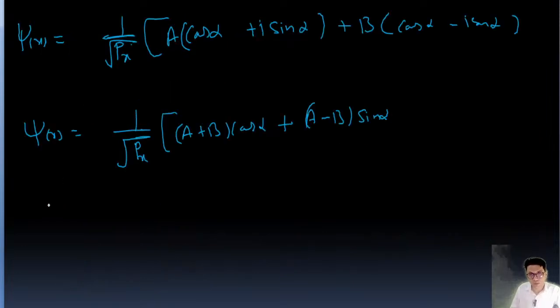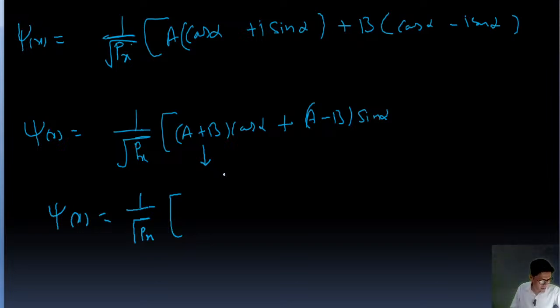Then this value psi x is going to be 1 upon root px, and we can say a plus b is c sin beta into cos alpha, plus c cos beta sin alpha.